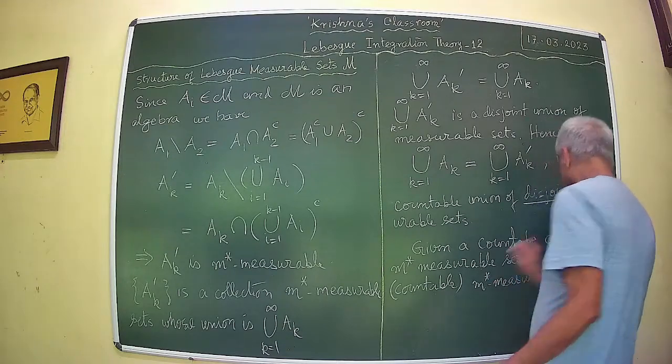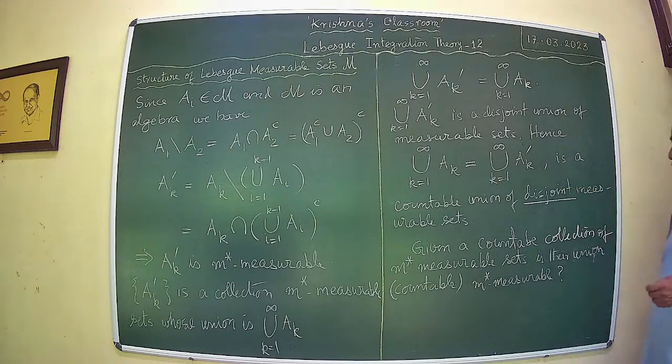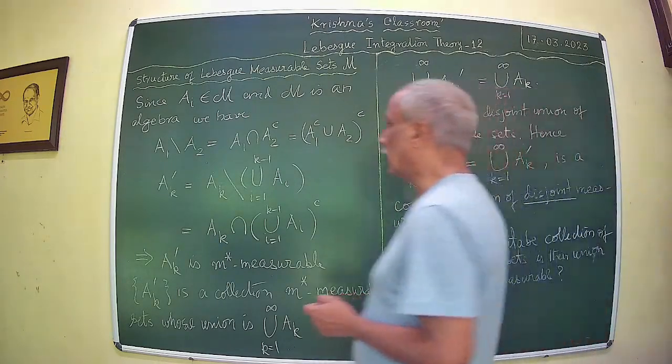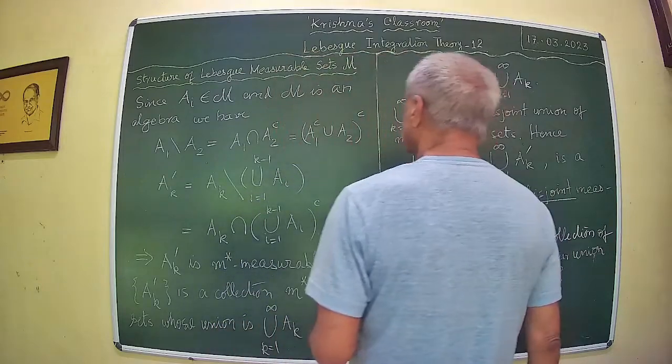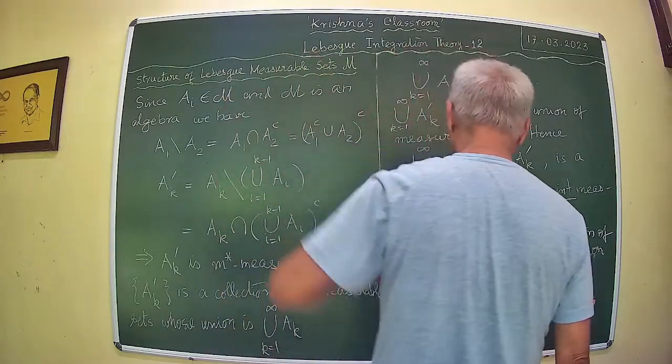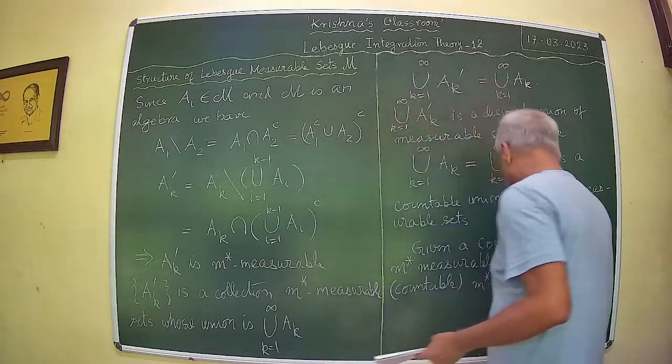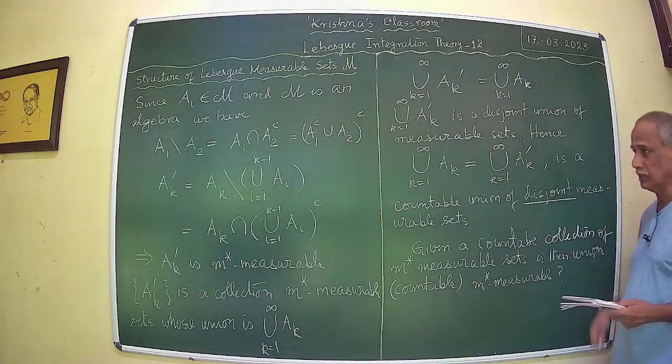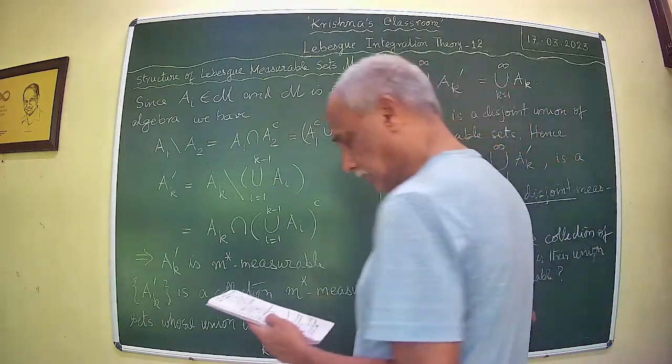This is the question that we are taking, so that the collection of all measurable sets will become a sigma algebra. Okay, let us now start proving this thing.